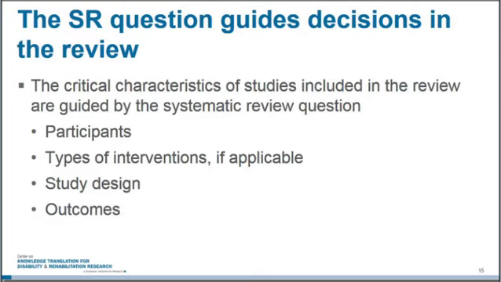These would be things about what are the participants or patients or clients that we're most interested in. If we're interested in the effectiveness of an intervention, what are the types of interventions that we're going to be interested in? What are the study designs that are appropriate for the systematic review question? What are the outcomes that are appropriate?